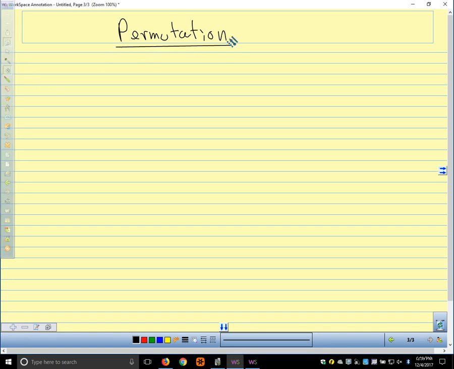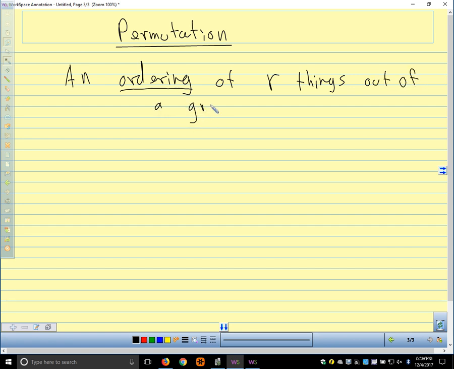A permutation is an ordering, and this ordering is important, of R things out of a group of N things. And I say ordering because in permutations, order matters.